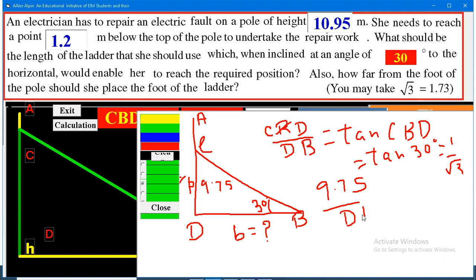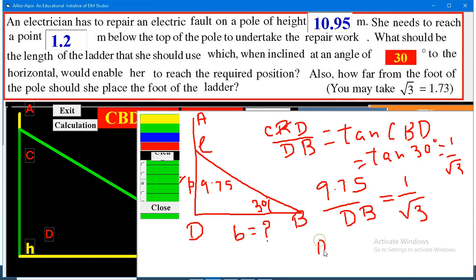Again I said you have to find two sides and one angle. From there, two things will be given. You have to find the third thing. Here, perpendicular length is given, angle is given. So base you have to find out.